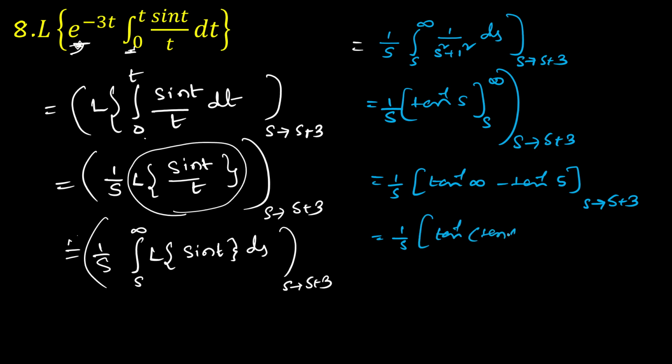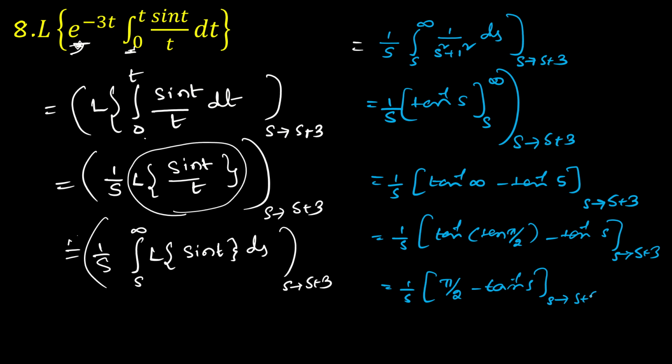Infinity can be written as tan 90 minus tan inverse of s, again s changes to s plus 3. So 1 by s of tan inverse of tan 90, now pi by 2 minus tan inverse of s changes to s plus 3, or this one is equal to 1 by s into cot inverse of s, again s changes to s plus 3.